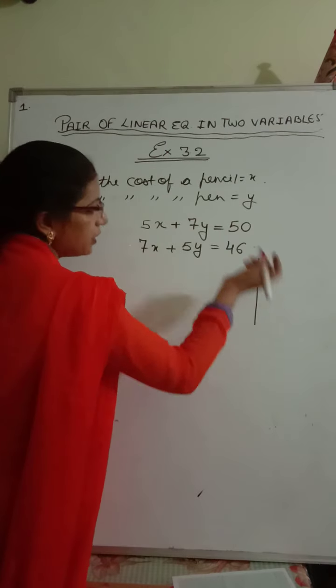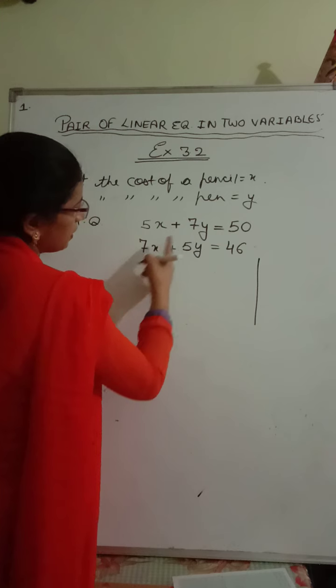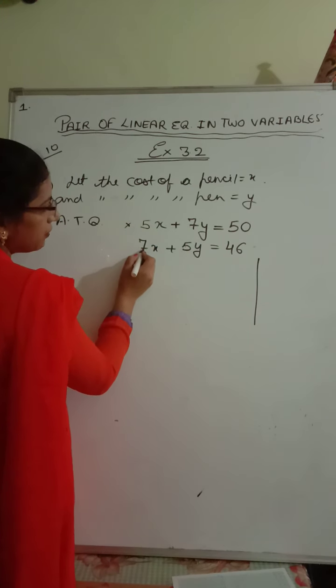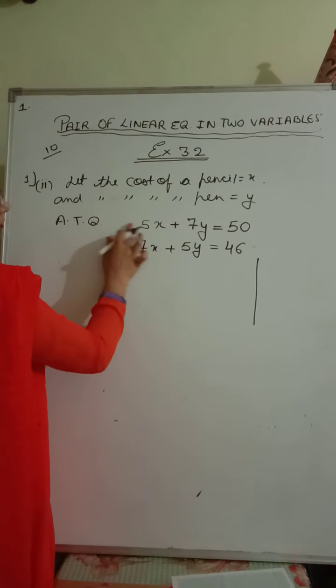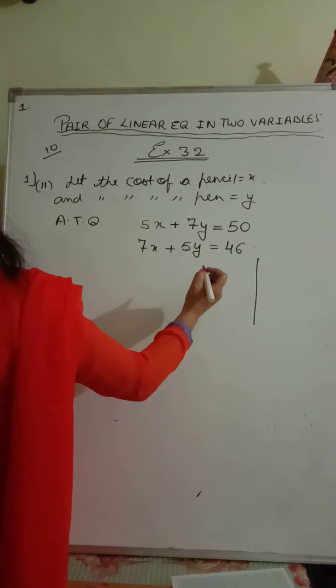To find it, in rough you can find. 5x or 7x. So here I multiply by 7 and here by 5. Let us see.